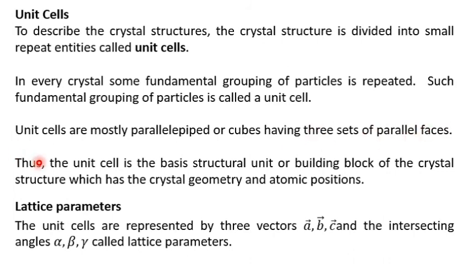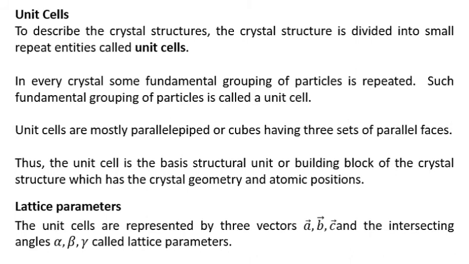Thus the unit cell is the basic structural unit or building block of the crystal structure, which has the crystal geometry and atomic positions. By understanding the unit cells, we can find out the crystal geometry and atomic positions of the crystal.